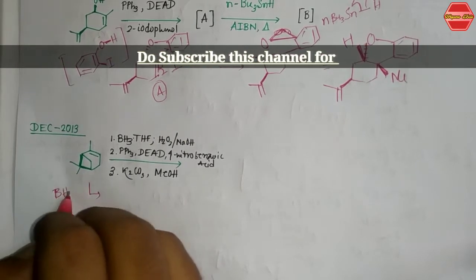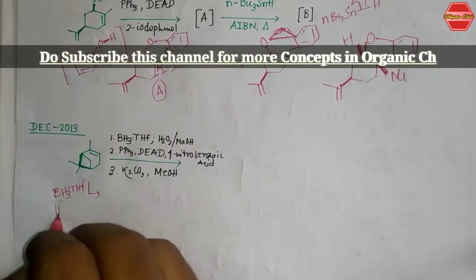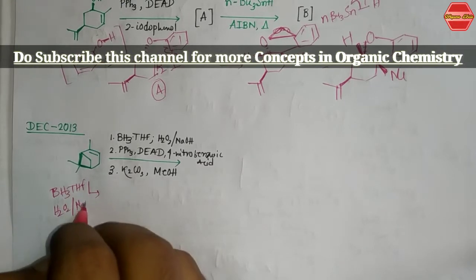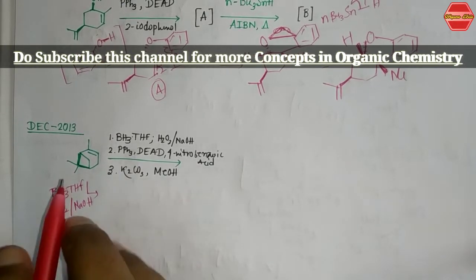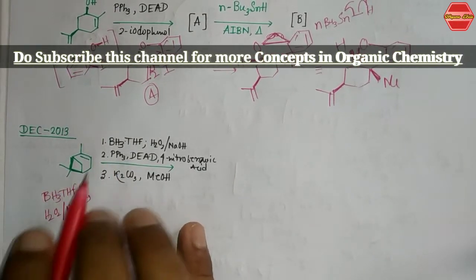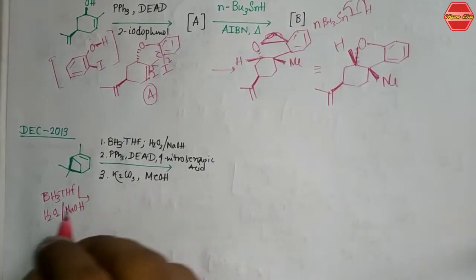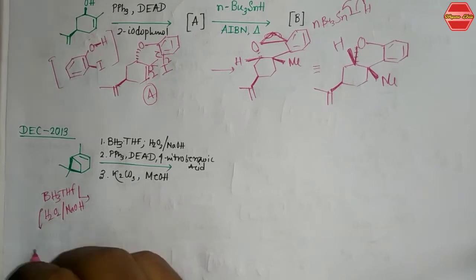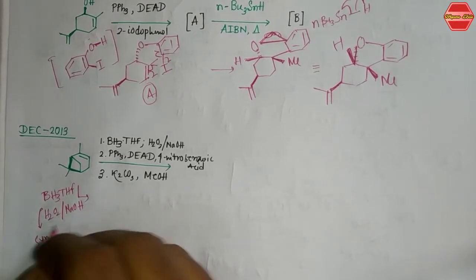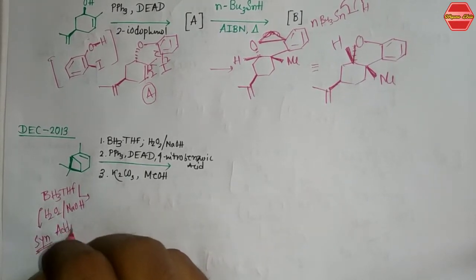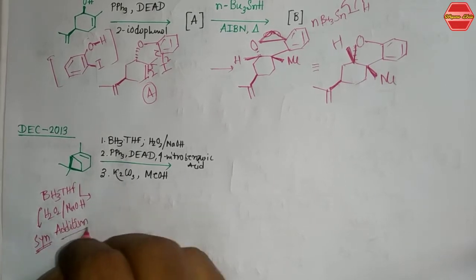When we are using BH3 THF and H2O2 NaOH, what will be the product? You all know that this is a hydroboration oxidation reaction, and it is a syn addition. So this is an addition reaction, and a syn addition product takes place.